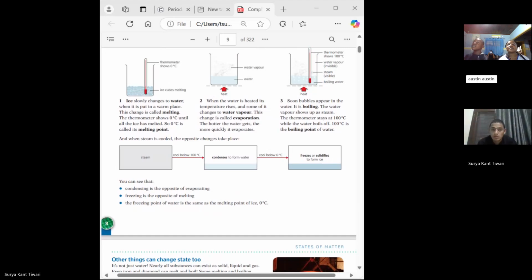Freezing. And what is the process where steam becomes water? Have you ever seen steam becoming water? It is called condensation.